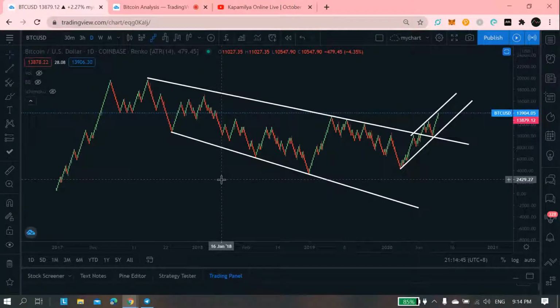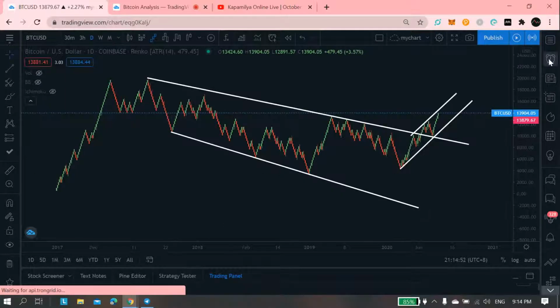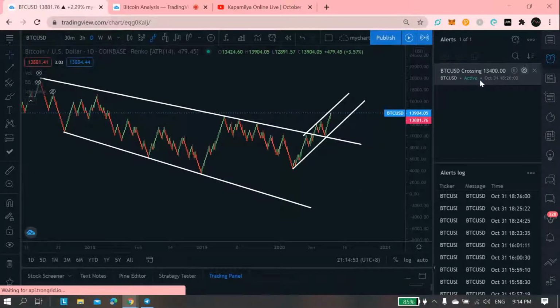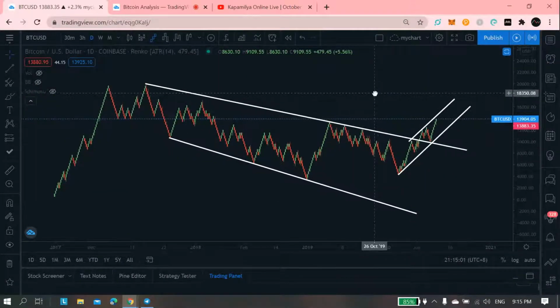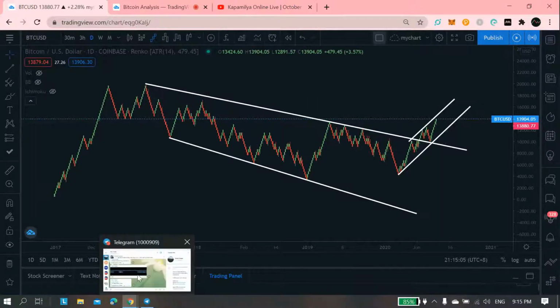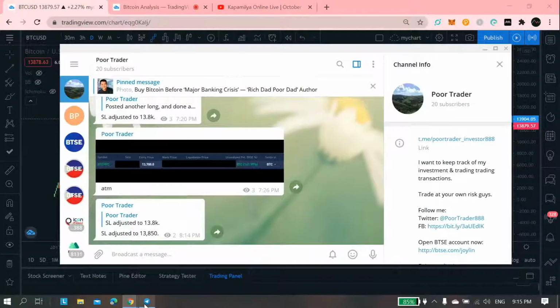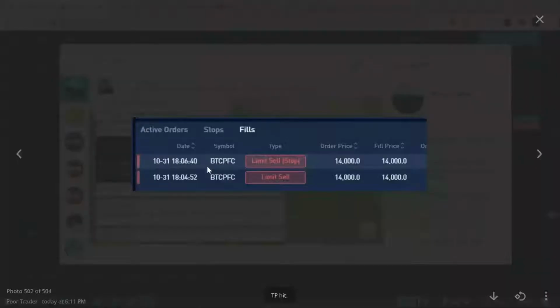So if you watched my live video yesterday, I said that I have no plans to trade today. However, my alarm at 13,400 alerted me, so I went long today. I took profit at this area, 14,000.